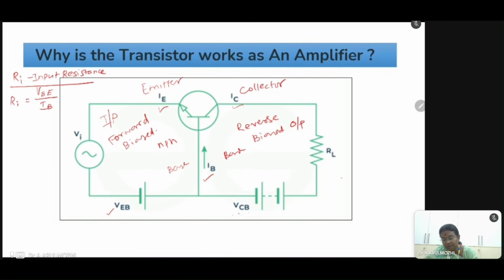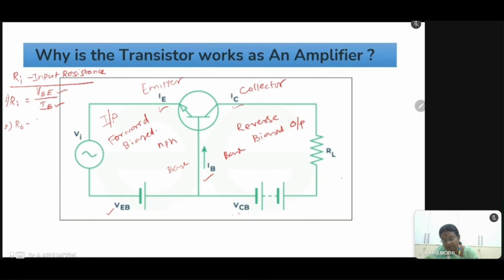It is defined as the ratio of a very small change in the emitter base voltage to the base current. So this is the first definition. Secondly, we are going to talk about RO.